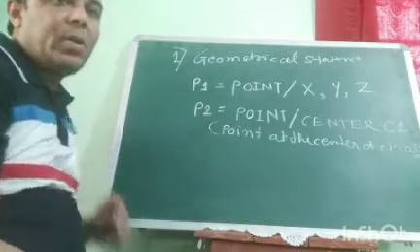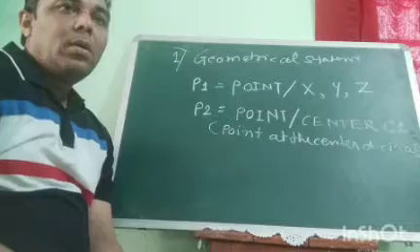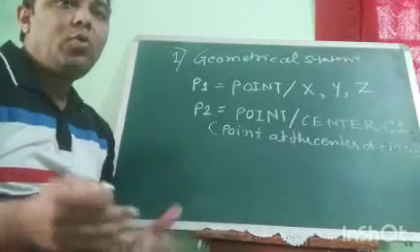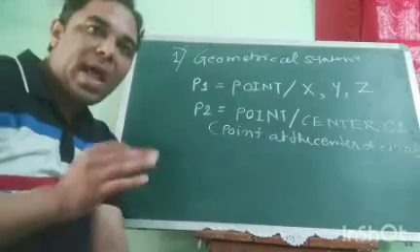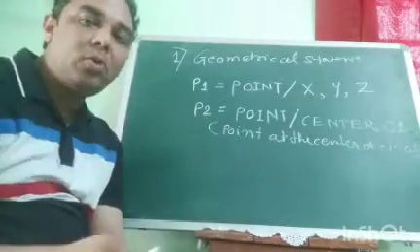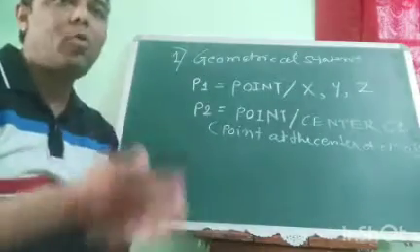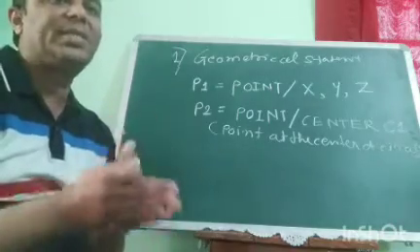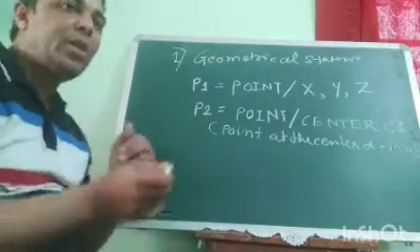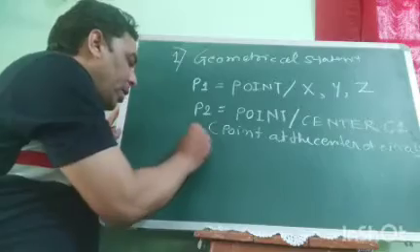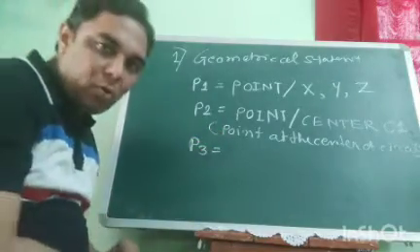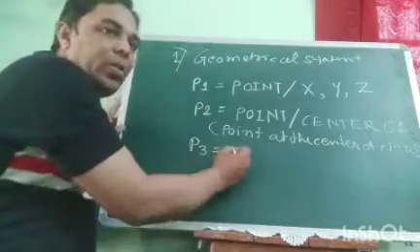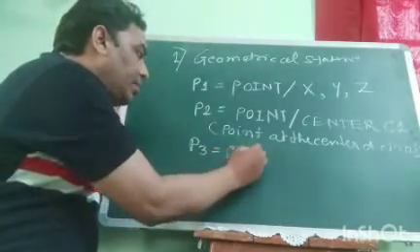Now for example, a point which is found due to the intersection of two lines. For example, line L1 and line L2 intersect and form a point that we call the intersection point. Now how can we write it down? Let's see. If a point P3 is formed due to the intersection of two lines L1 and L2, we can write it simply as POINT.